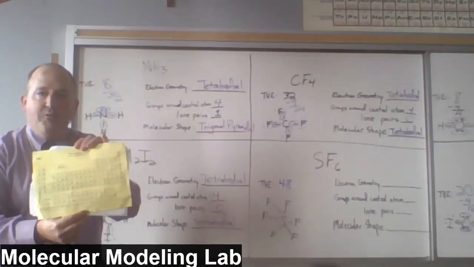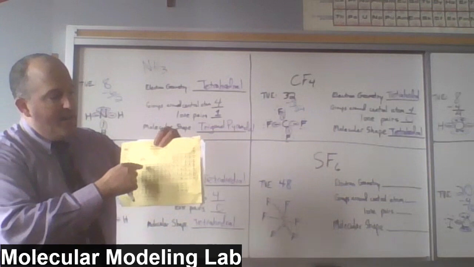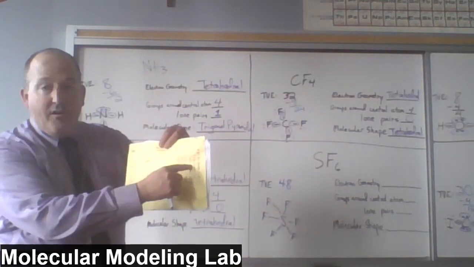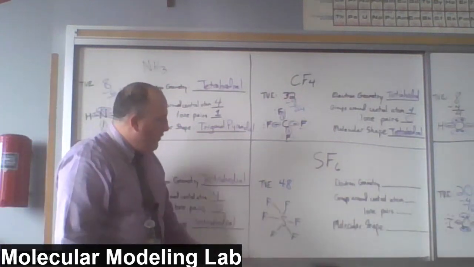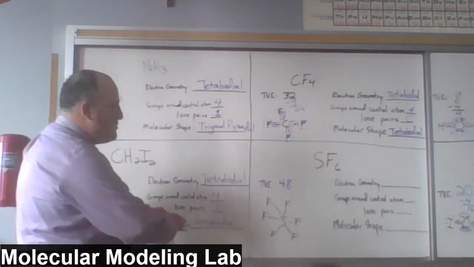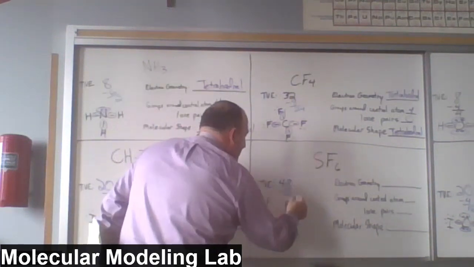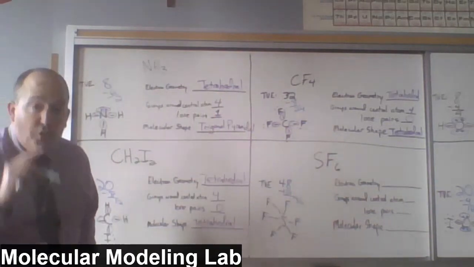If you maybe recall from class notes, it's number 1, the central atom, and number 2, that central atom is in period 3 or somewhere below period 3 on the periodic table. Sulfur is in period 3. Connecting the 6 fluorines to that central sulfur consumes 12 valence electrons, leaving 36 valence electrons that we can place around those fluorines.